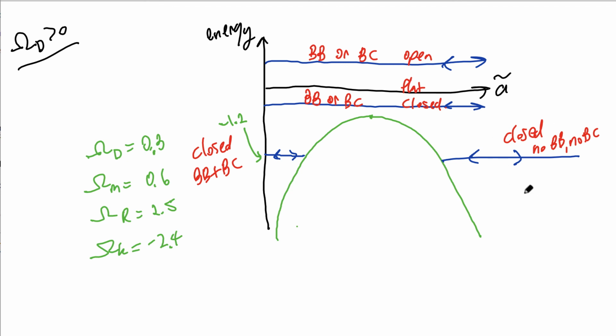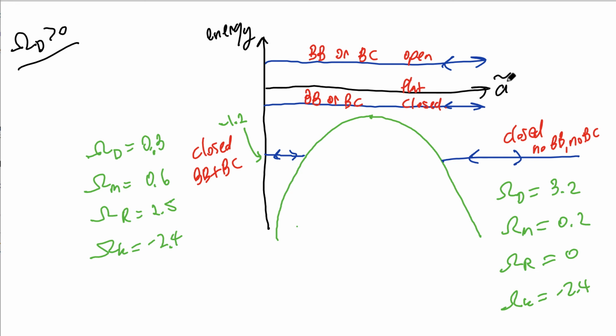And for an example of this type of behavior, we can take omega d equal to 3.2, omega m equals 0.2, omega r equals 0, and then these imply that omega k is equal to minus 2.4. So again, the energy of the effective particle is minus 1.2. And what distinguishes this case from this case, the reason we choose the branch of this horizontal line that's to the right side of the peak, is because of the value of a tilde.